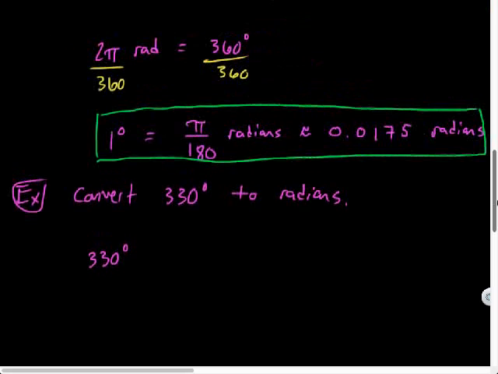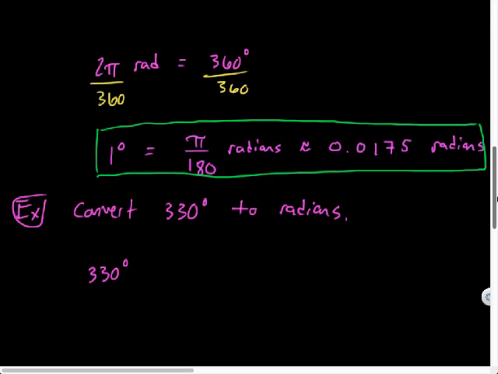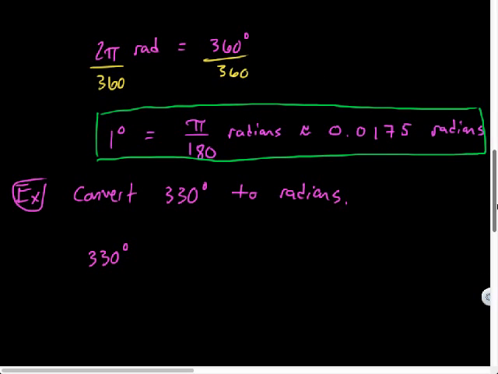So let's convert 330 degrees to radians. So 330 degrees. If I want to convert that to radians, well, it turns out I can multiply, right?